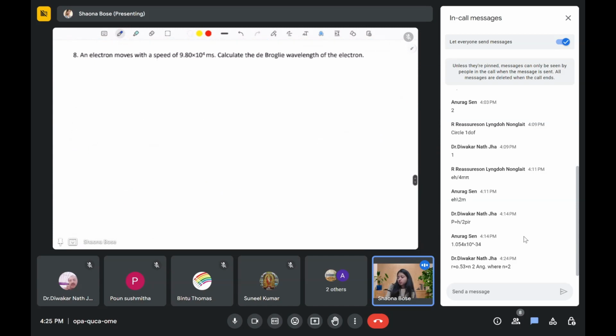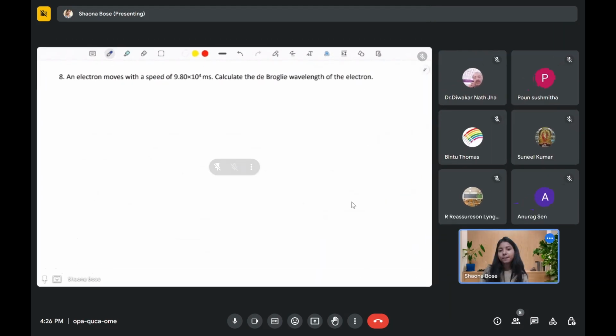Okay, so now let us solve a few problems on the de Broglie wavelength of electrons. So you have an electron moving with the speed of 9.8 into 10 raised to the power 4 meters per second.